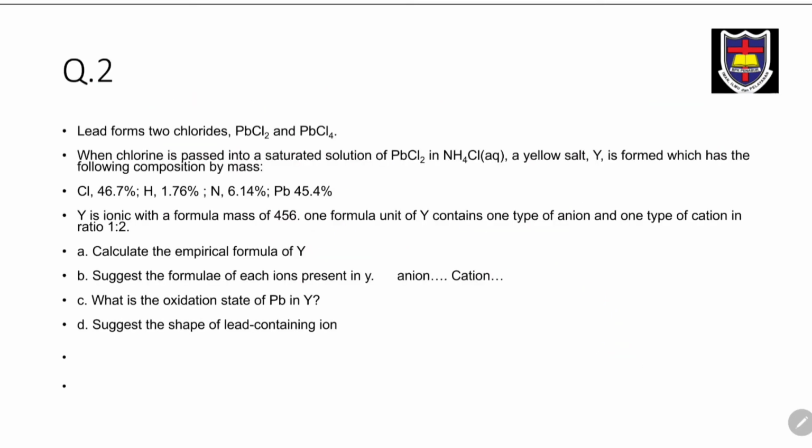For number 2, PbCl2 or PbCl4. So there are two types of Pb ion, either 2 plus or 4 plus. This is the composition.